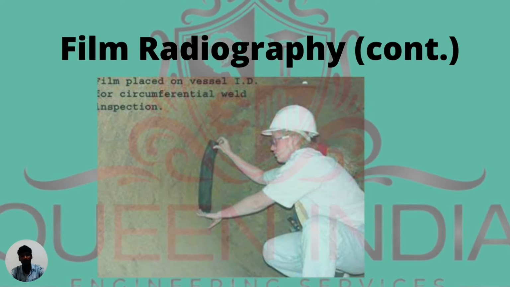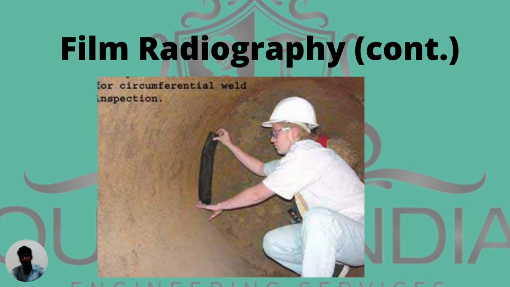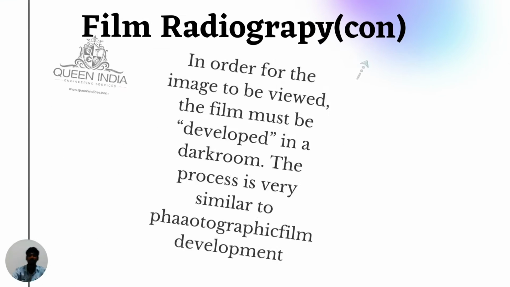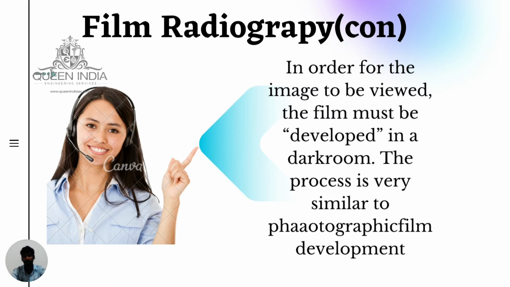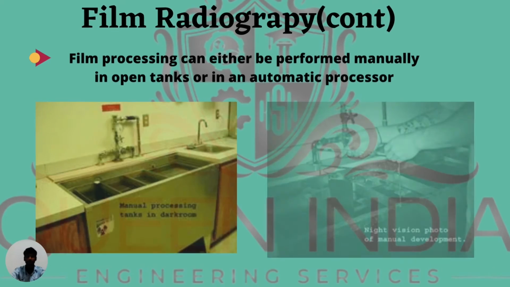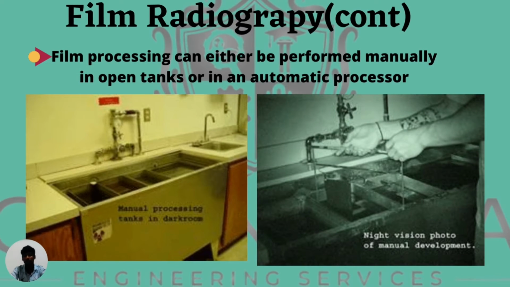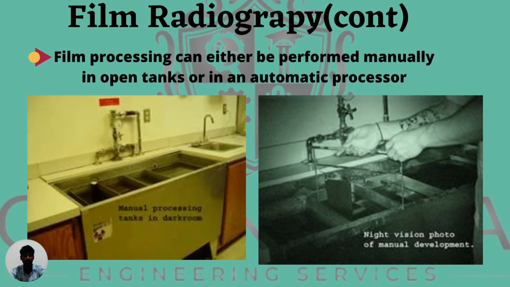Film radiography is used for circumferential weld inspection. Its process is very similar to photographic development. The process can be performed either manually or by automatic processing.